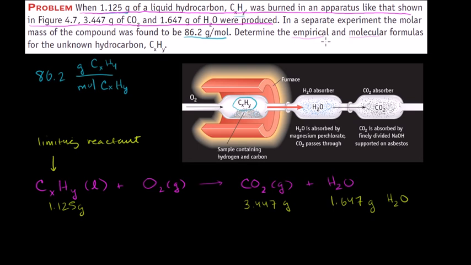The molecular formula is exactly how many carbons and hydrogens we have in each molecule. Once we have the empirical formula, we can use this molar mass to figure out the actual molecular formula. But let's figure out the empirical formula first.